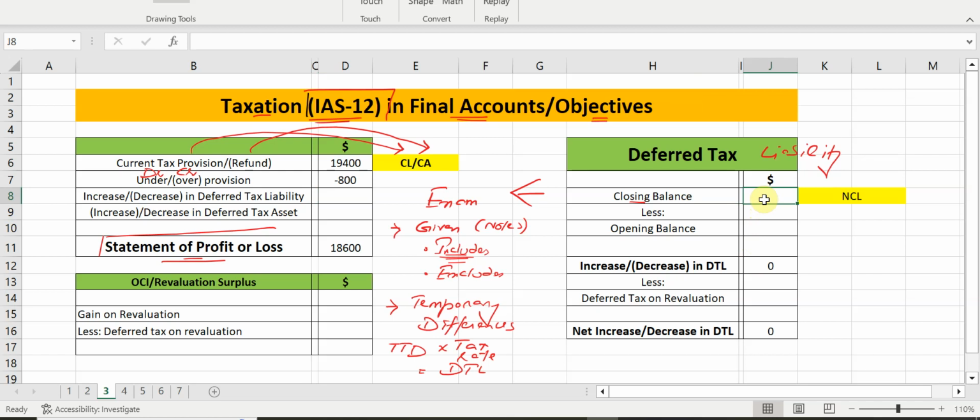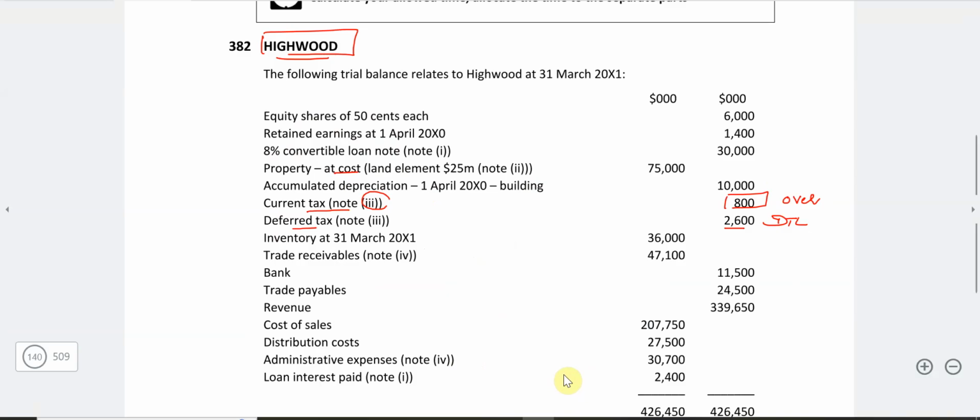Okay, how can we do it? We have the temporary difference being given in this question. So how much is the temporary difference? Going back to the trial balance?